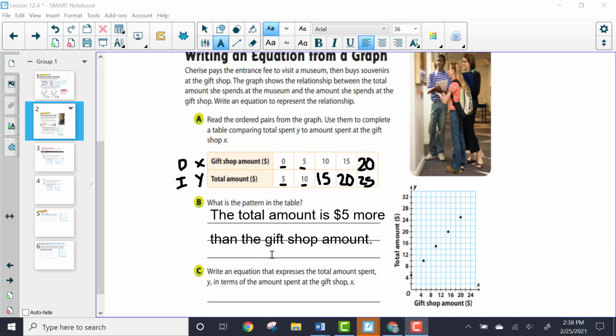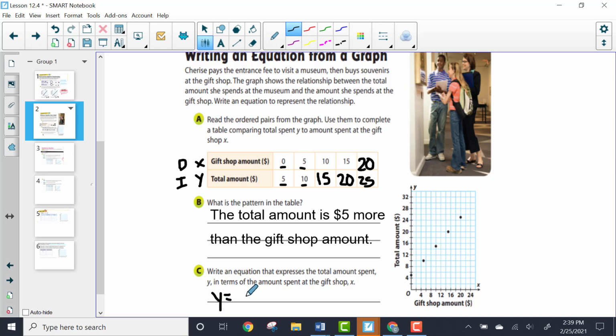Now it's saying write an equation that expresses the total amount spent, Y, in terms of the amount spent at the gift shop, X. Okay, so again, with these equations, you always want to start out with Y equals, and then what's happening to X in order to get it to Y. Okay, we can see that Y equals X plus 5.